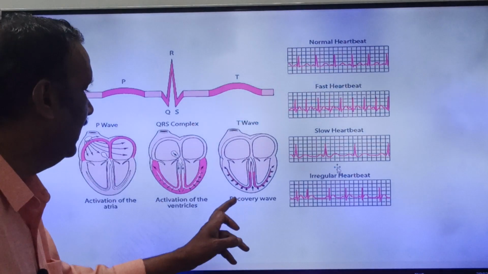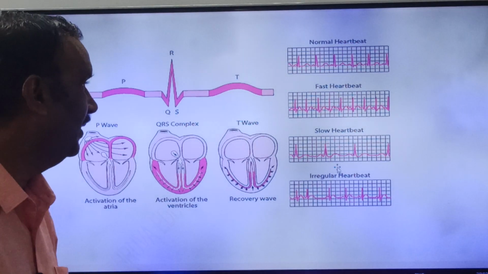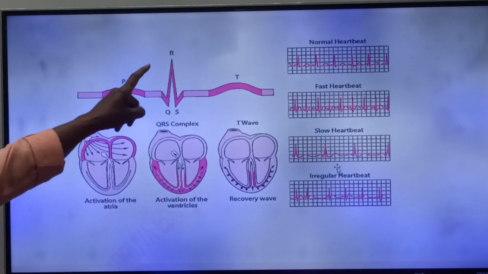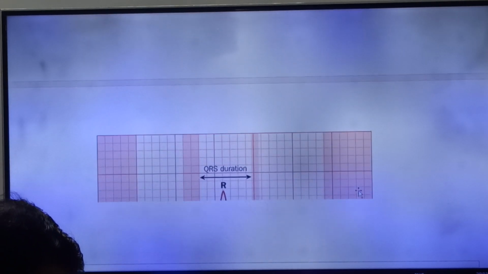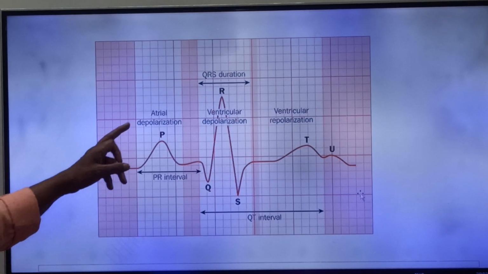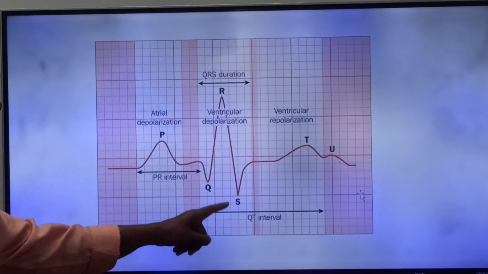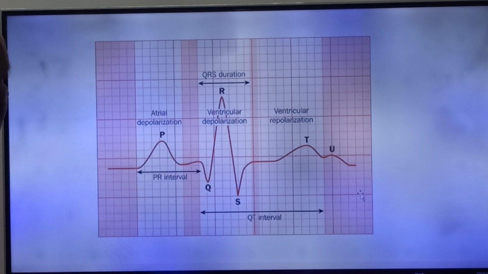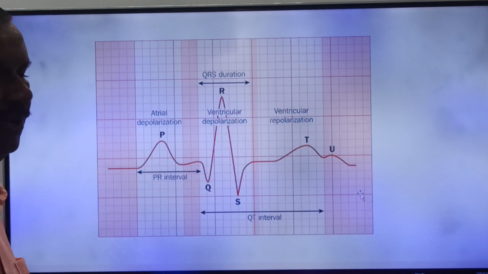In the T wave, it is the repolarization of the ventricles. This is about the P, Q, R, S and T waves. P wave is atrial depolarization, QRS is ventricular depolarization, and T wave is ventricular repolarization.